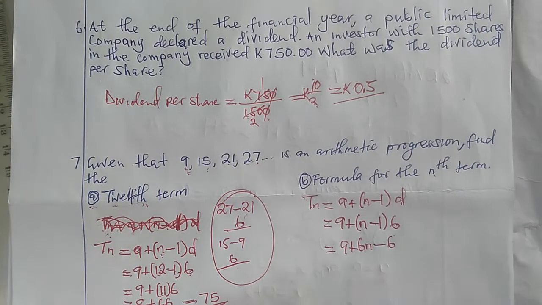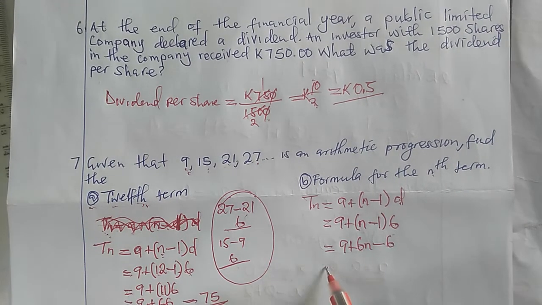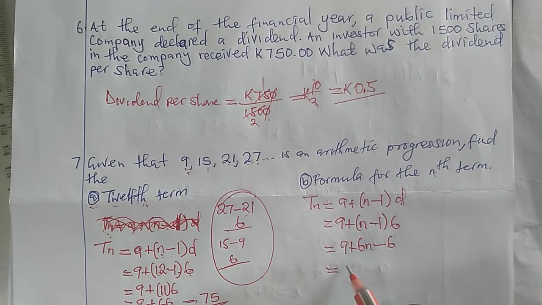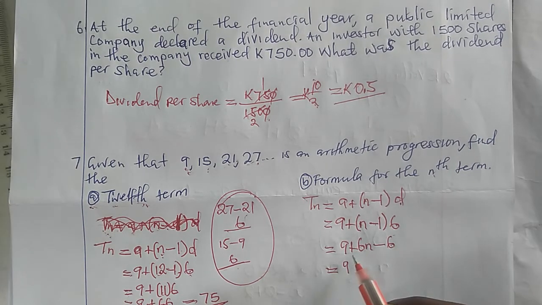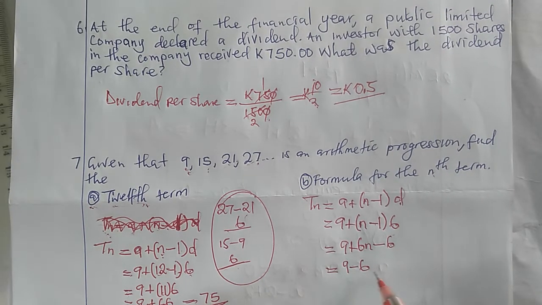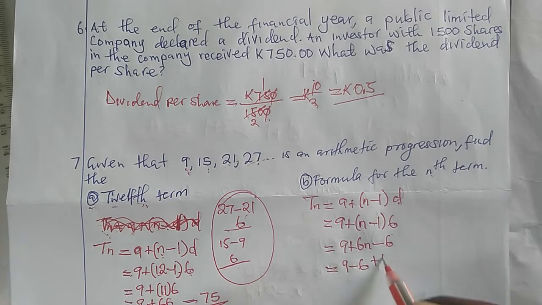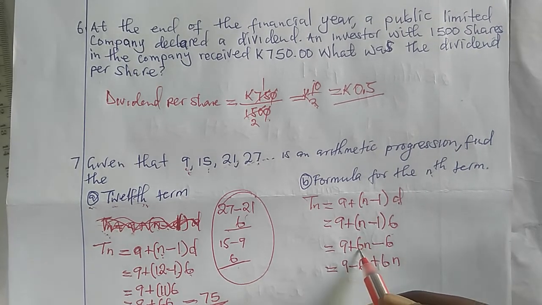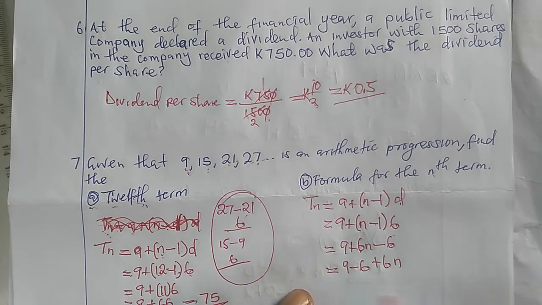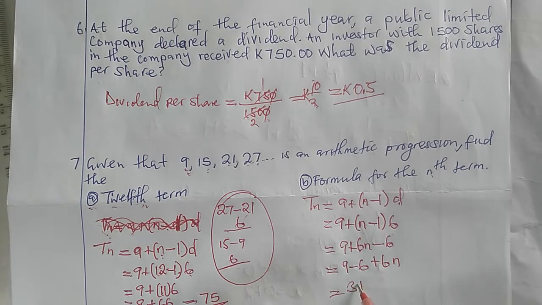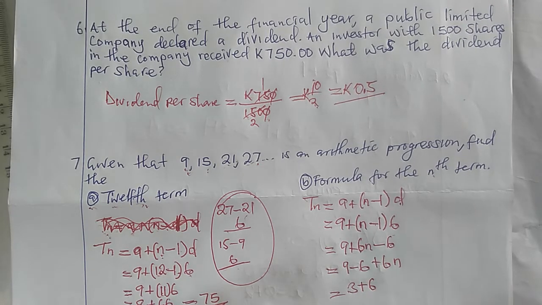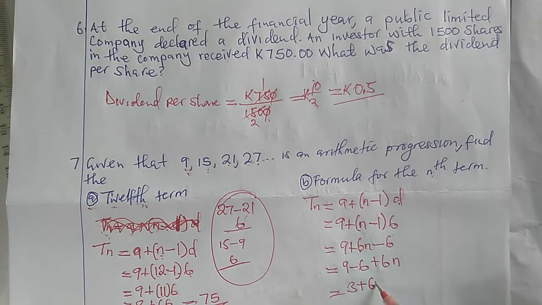Then we put like terms together, which is equal to 9, then this negative 6 comes here, so it will be minus 6, plus 6n. Then we find the difference: 9 minus 6 gives us 3, then 3 plus 6n.